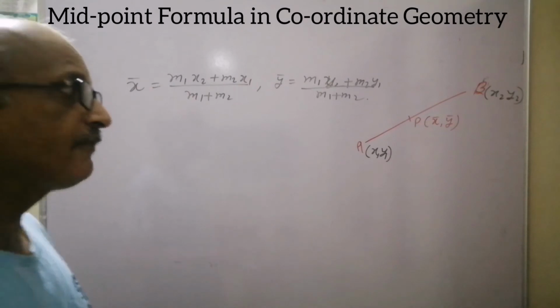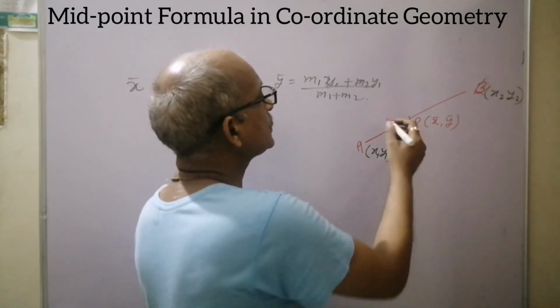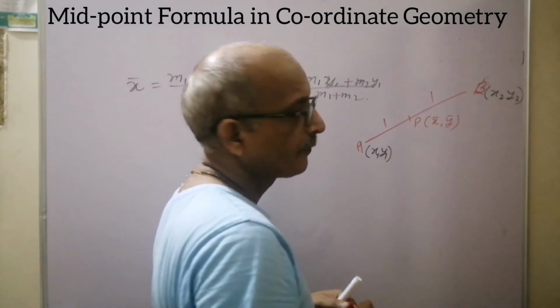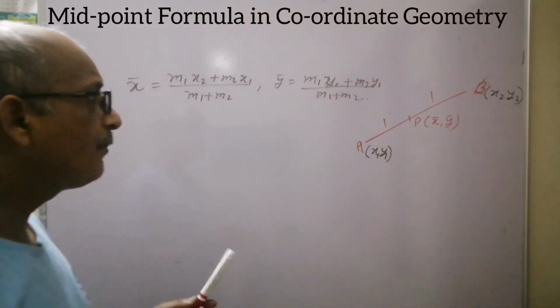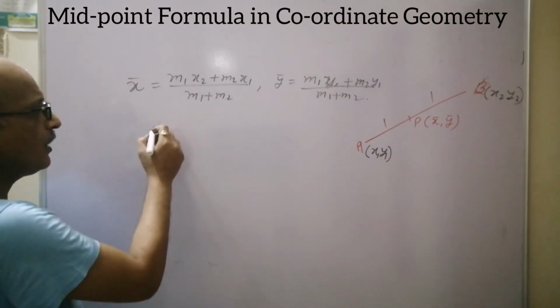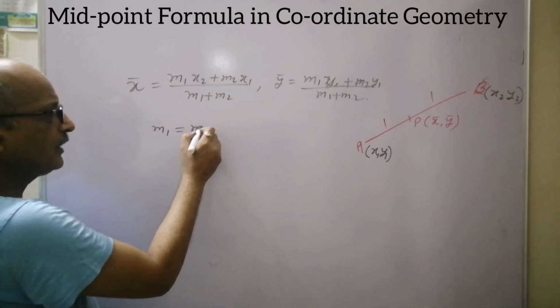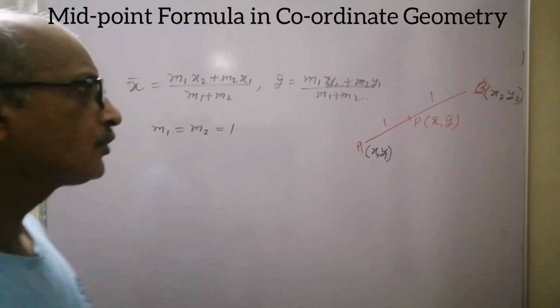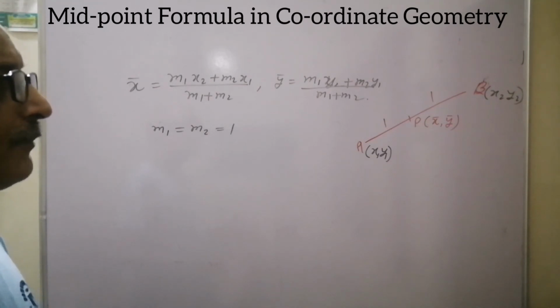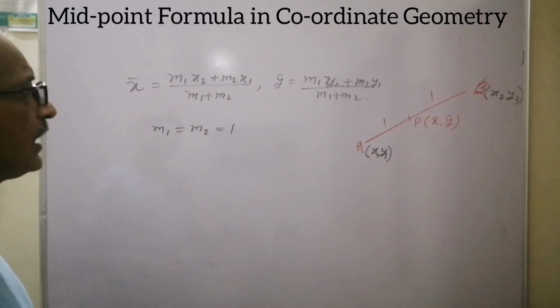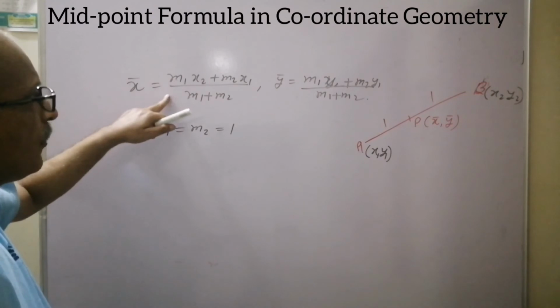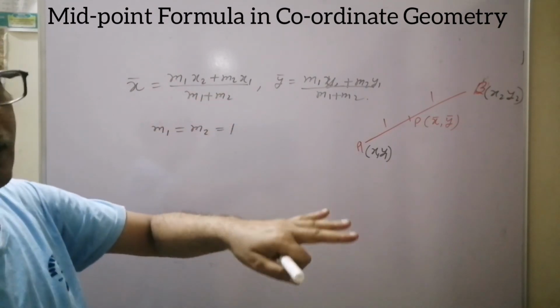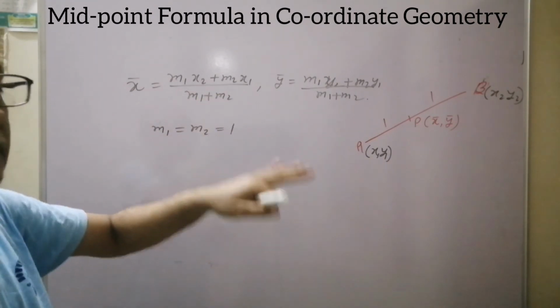Midpoint means very clearly the ratio is 1:1. So m1 and m2 are both equal to 1. The ratio is 1/1, so nothing else to do. For the midpoint, we have to replace m1 and m2 by 1.